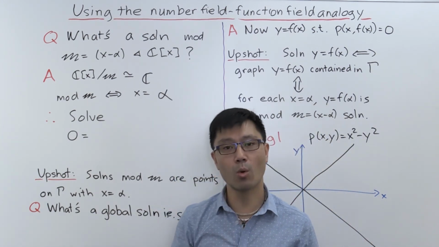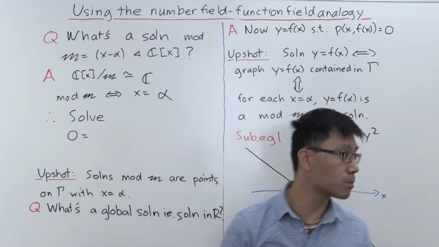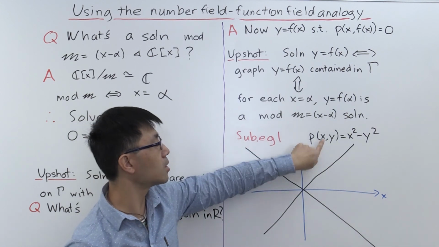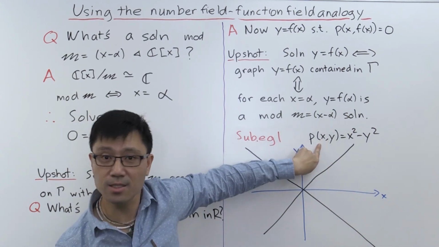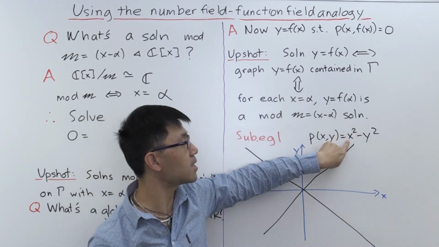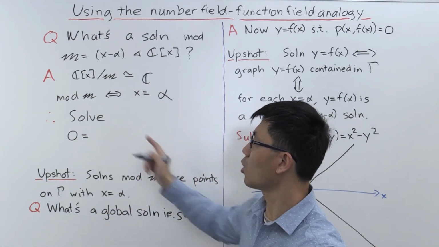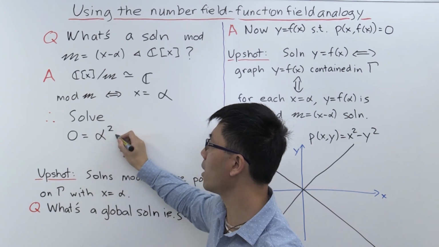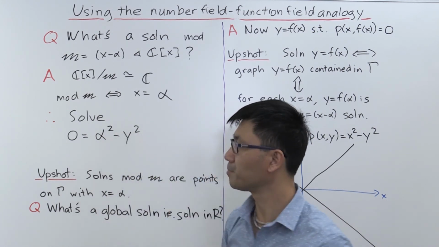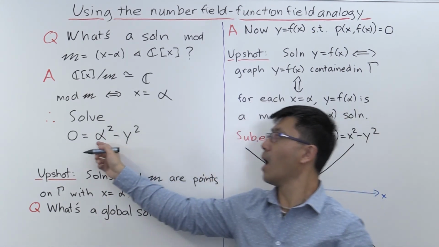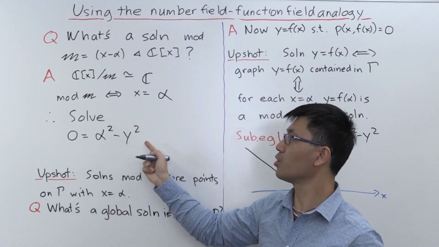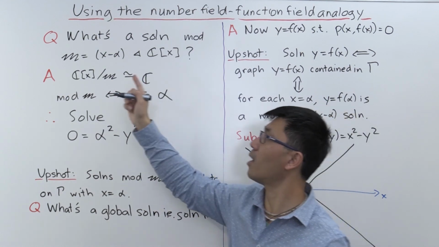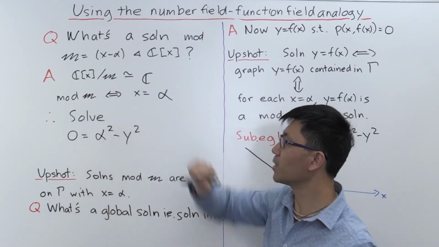And remember what we were trying to do? We were trying to solve this polynomial equal to 0. And we're going to work modulo M, so x is equal to alpha. So we can replace x with alpha here. So we're solving 0 equals alpha squared minus y squared. And we want to look for solutions to this in y, so inside our field here.